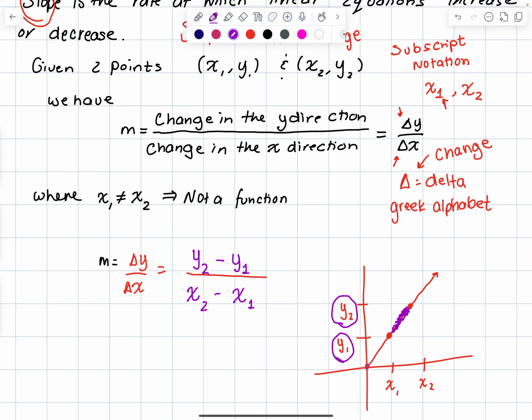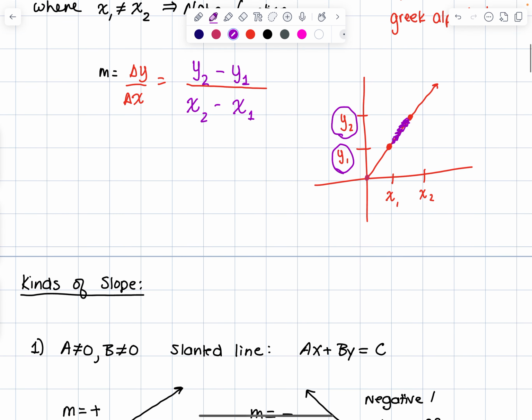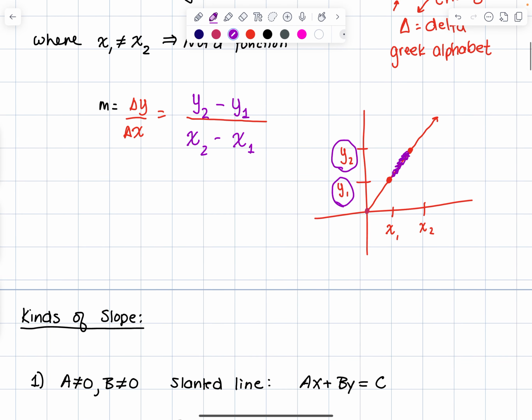Now, I did mention that we want to use the functional notation, because in Precalculus we're getting you prepared for using functions instead of just normal equations that we have been seeing, which is fine.